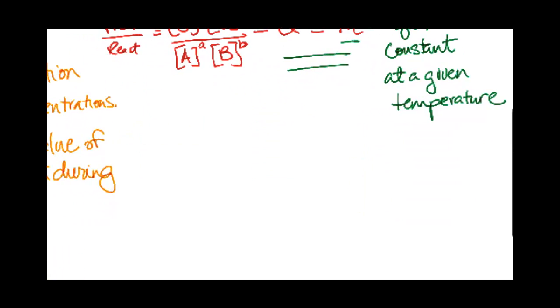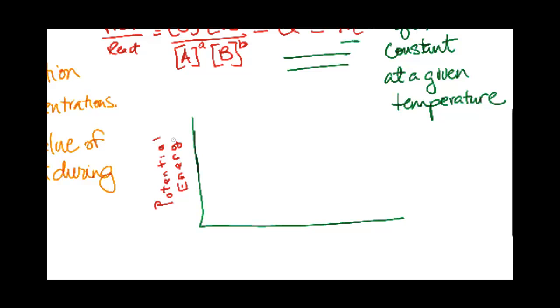Just a quick side note, you might be asked, given a Q, which way does the reaction proceed in order to reach equilibrium? So if we were to look at a potential energy diagram, and this is the reaction proceeding.